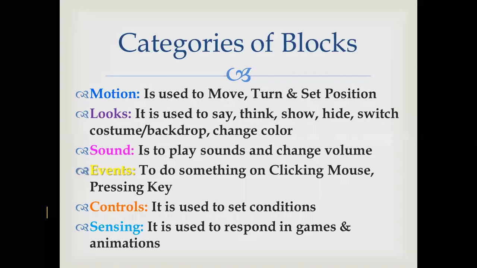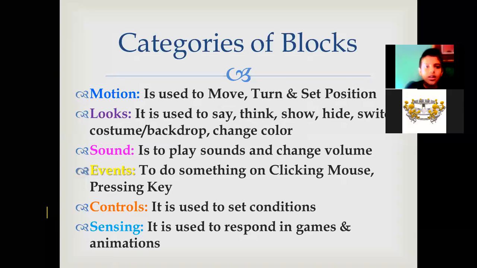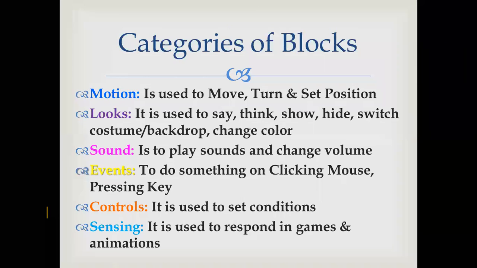Next is sensing. Sensing helps most of the time in playing games. For example, if somebody is pressing the arrow key, at that time the cat should jump. If somebody is pressing the right arrow key, then the cat should move forward. So what action will be performed on pressing which key can be done with the help of sensing.